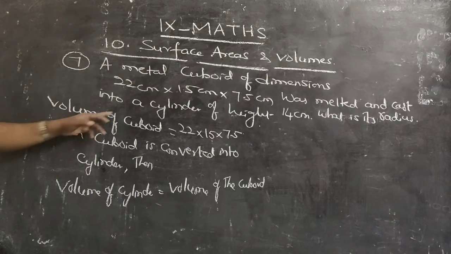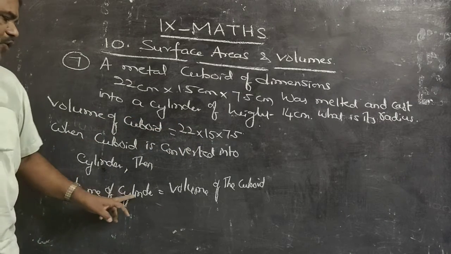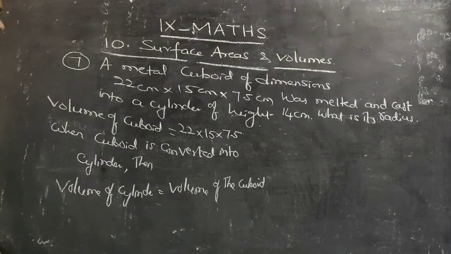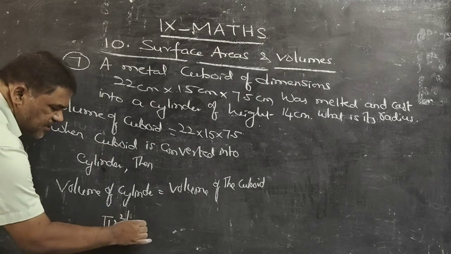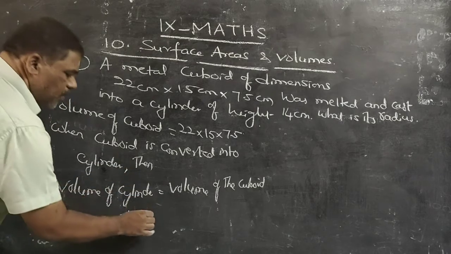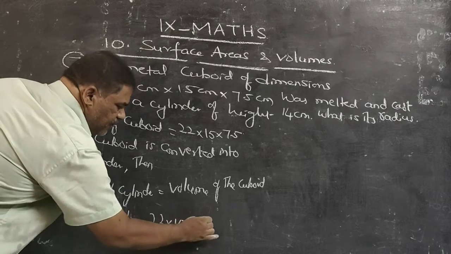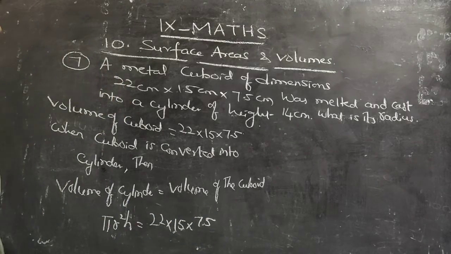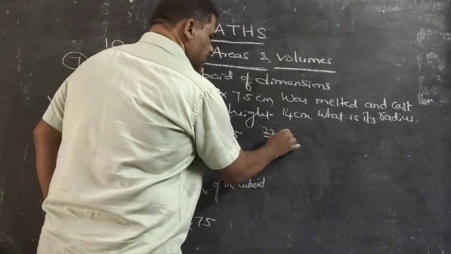If the cuboid is converted into a cylinder, both will have the same volume. Volume of the cylinder formula is pi r square h. Volume of the cuboid is given as 22 by 15 by 7.5. Now pi is 22 by 7.